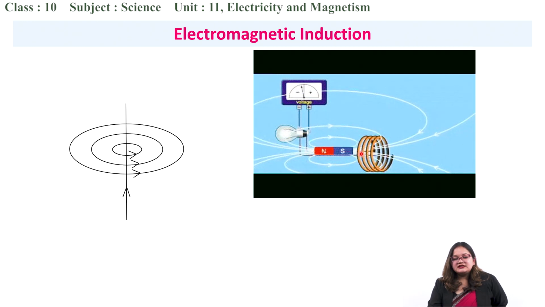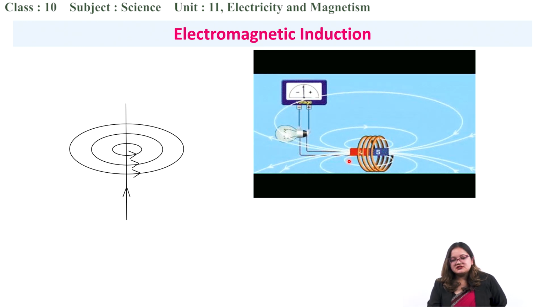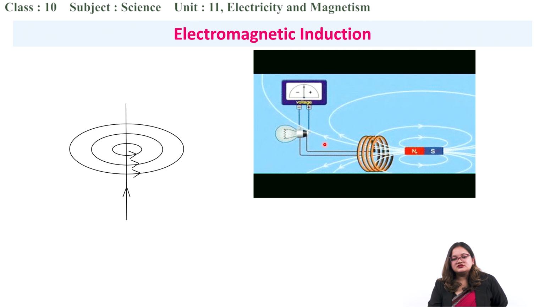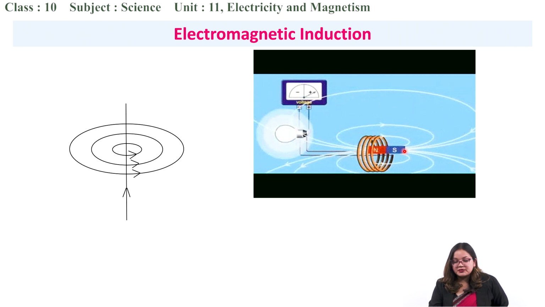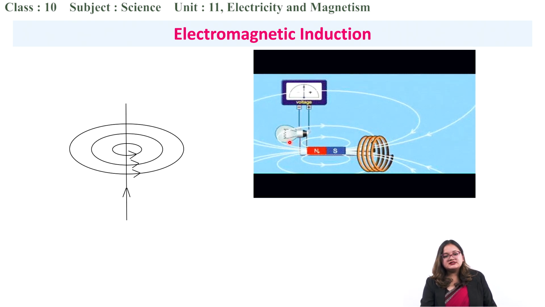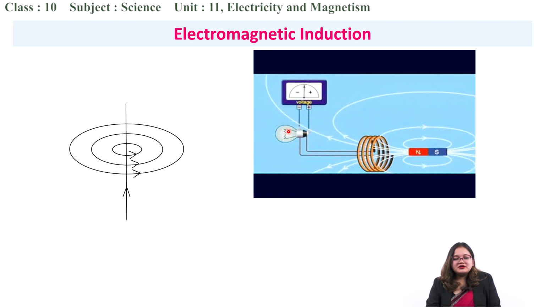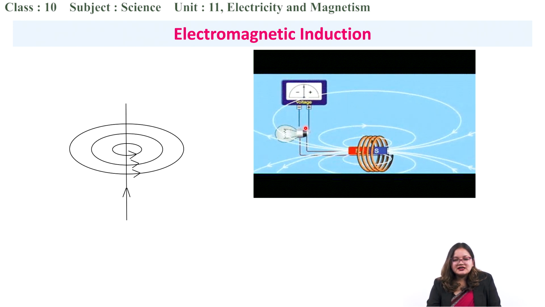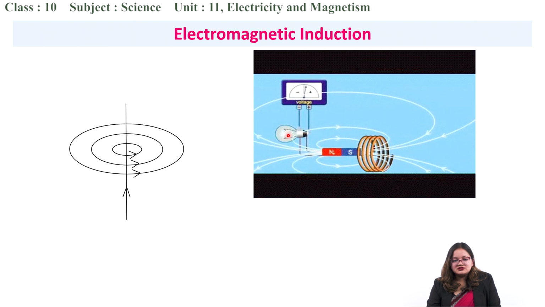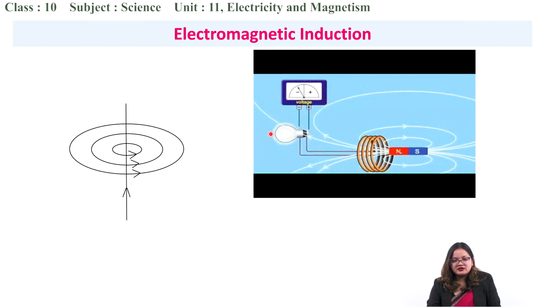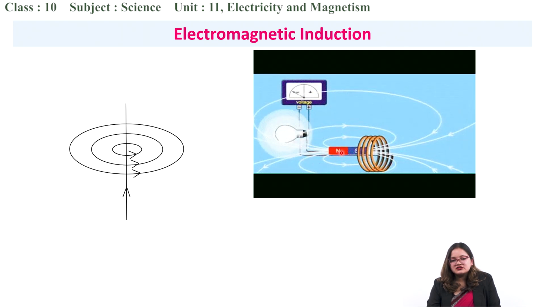When the magnetic flux varies by moving this magnet, we can see there is a flow of current, some current being induced, which helps this bulb to light up. At times you can see that the bulb is not always switched on. Here you cannot see the light, right? Why? Because in that particular case the magnetic flux is not changing.